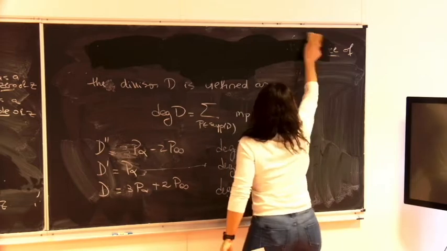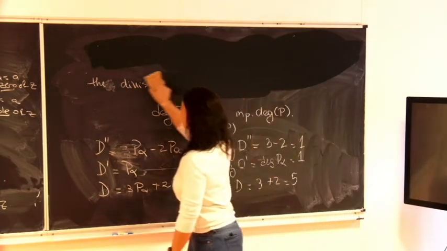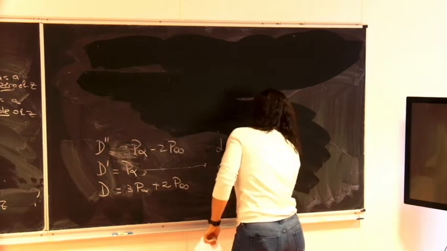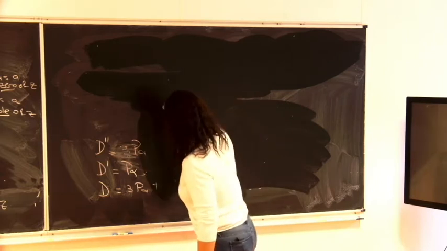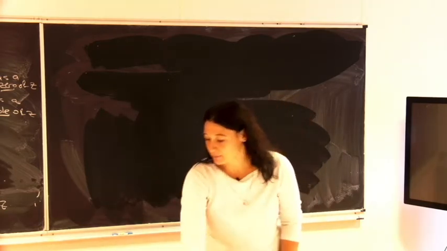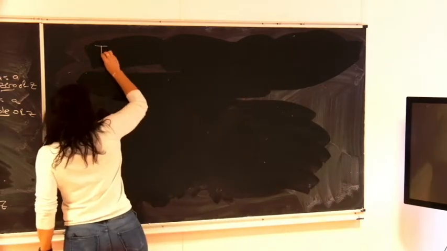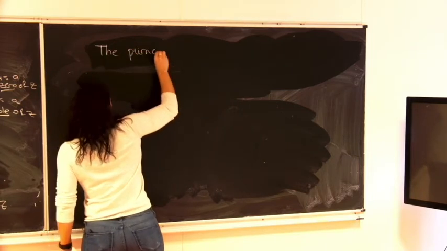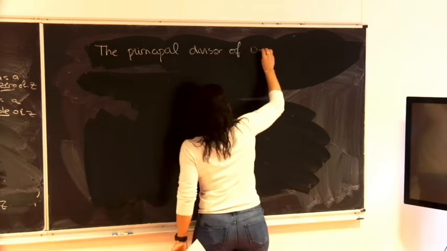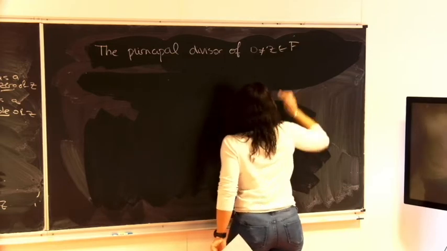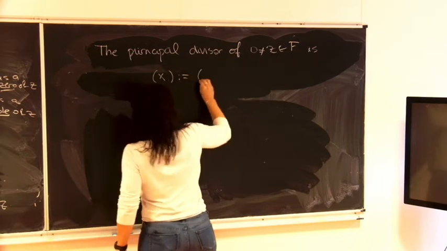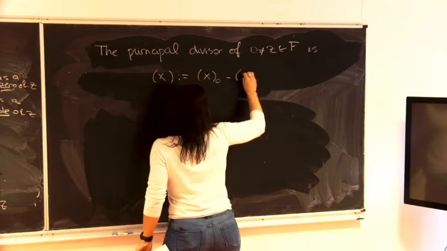And so for every non-zero element of the function field, I have a divisor defined. Actually, I'm going to subtract: the principal divisor of a non-zero element of the function field is the zero divisor minus the pole divisor.